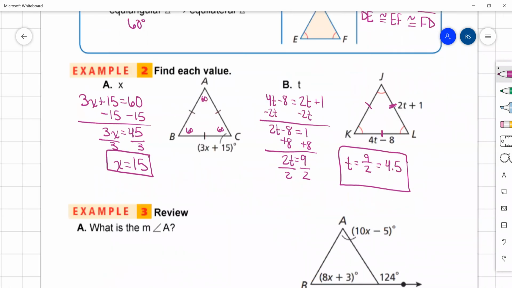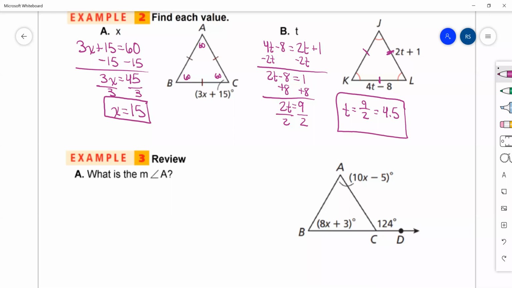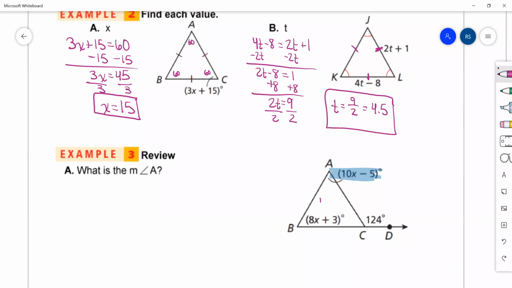Okay, the next two problems, actually it's just one problem. The next one problem is a review. So we're asked to find the measure of angle A. Well, what do we know? This is on the inside of the triangle. This is our exterior.